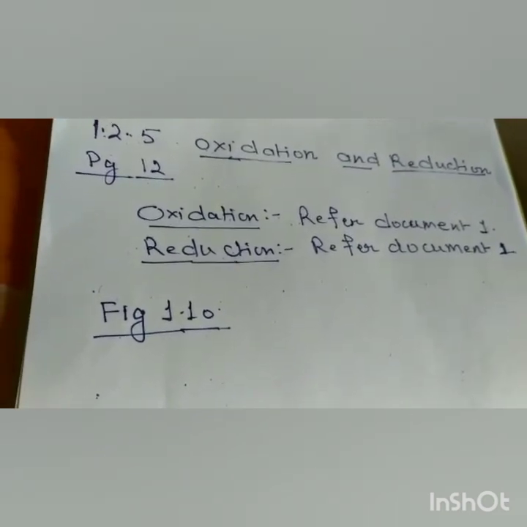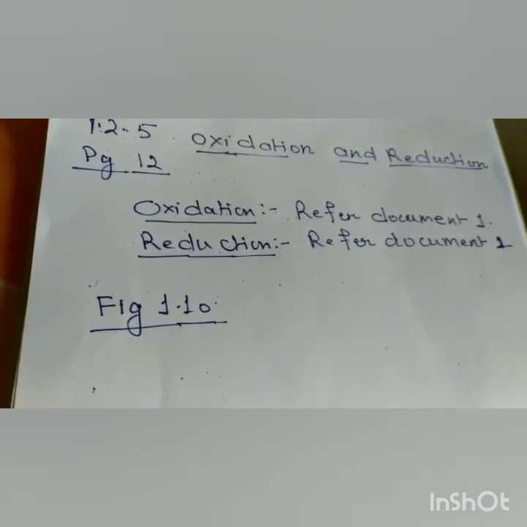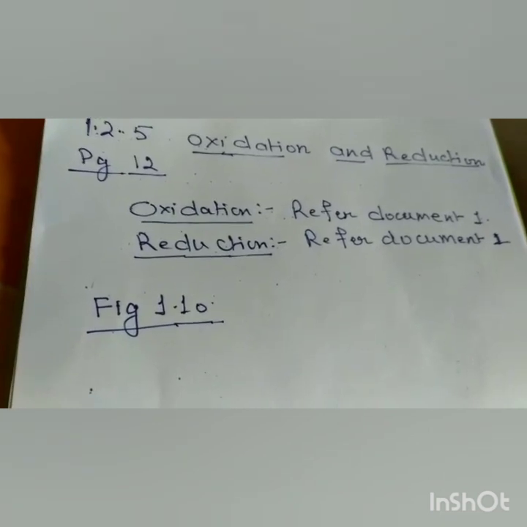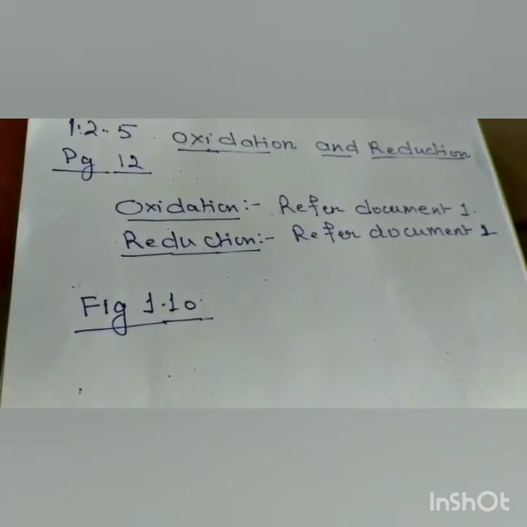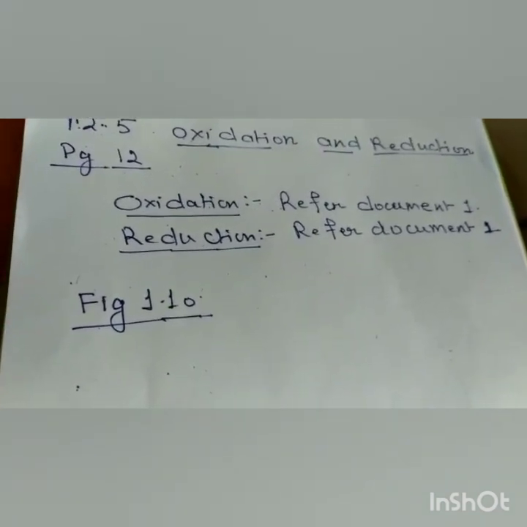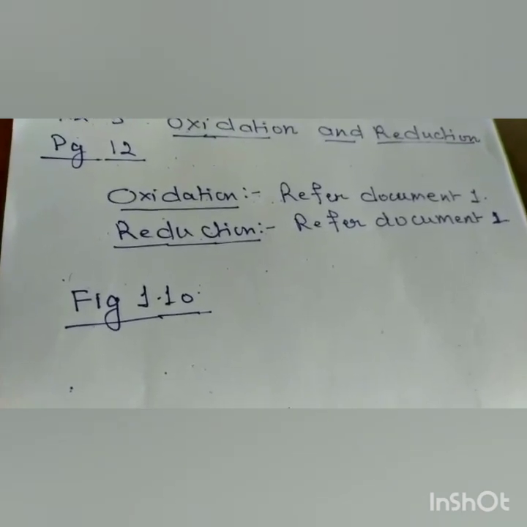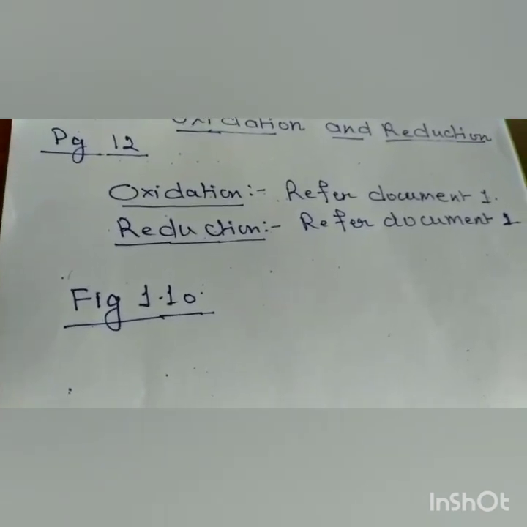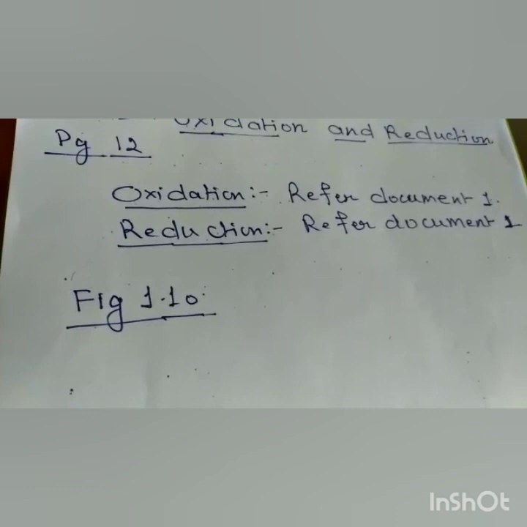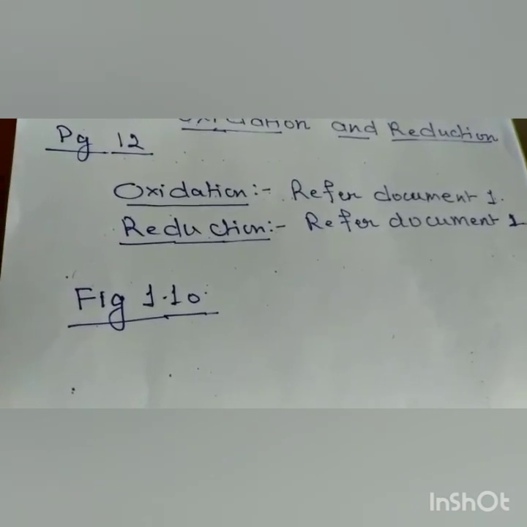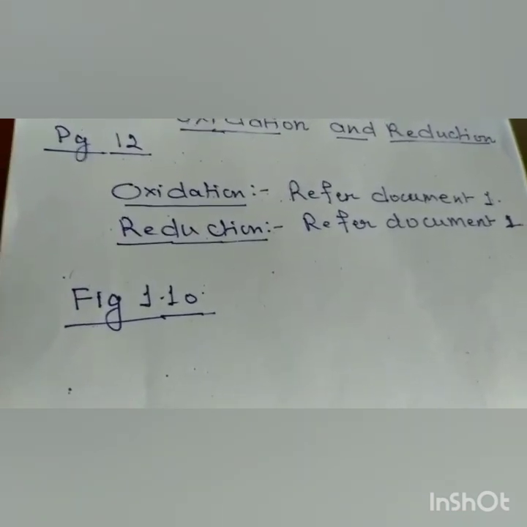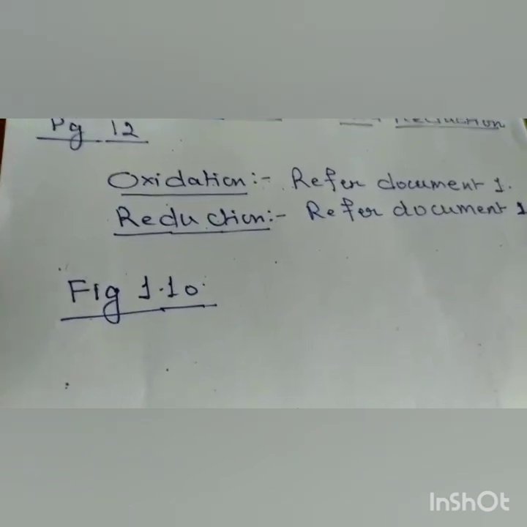Copper powder, only the element copper, which is brown in color, is heated up. After some time you will see that this brown color changes to black. Why? Because this copper combines with oxygen and forms a compound called copper oxide, and copper oxide is black in color.